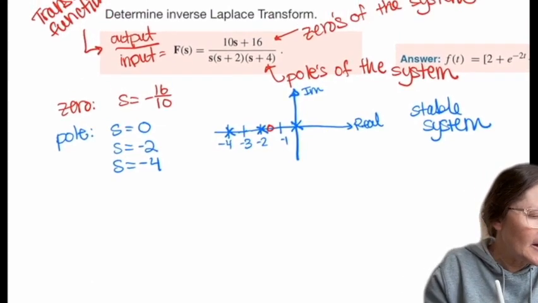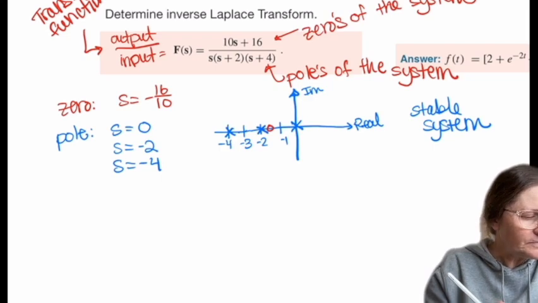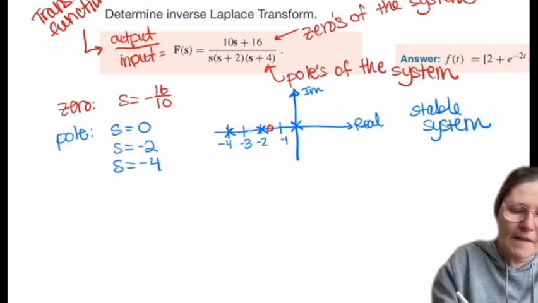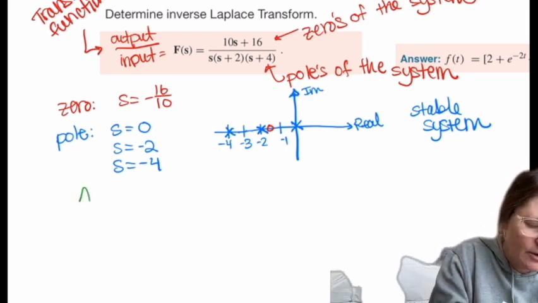Okay, so for this one, we also want to find the partial fraction expansion to turn this into the time domain. This function is going to be over each fraction.